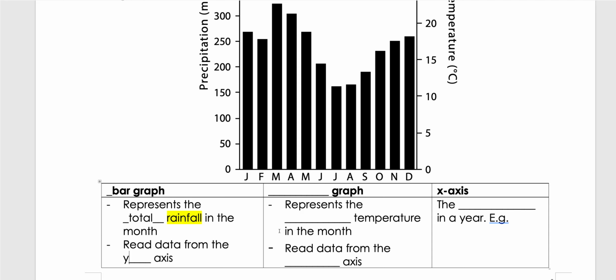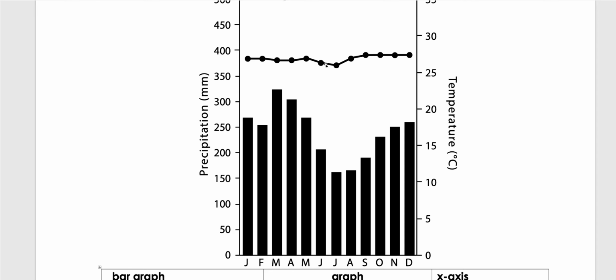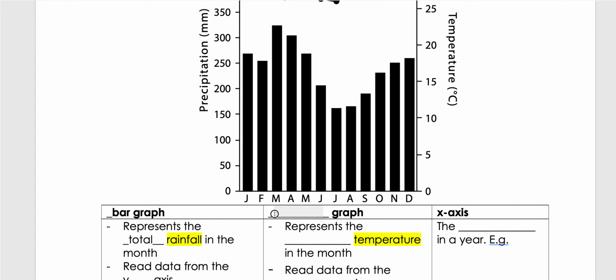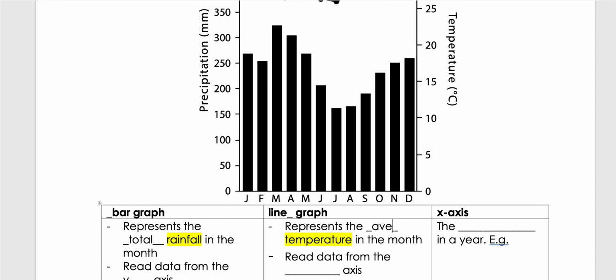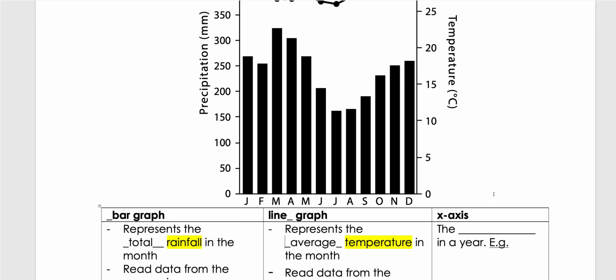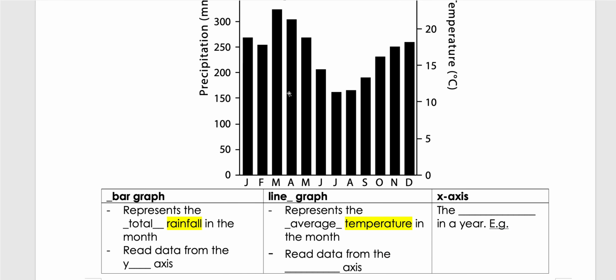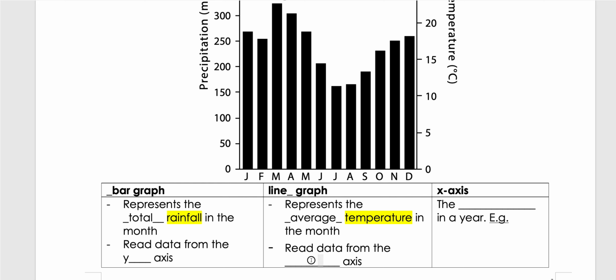Then the other graph, which represents temperature, is the line graph. It represents the average temperature in the month. Basically they take the temperature of every single day in the month and average it. We also read it from the y-axis.